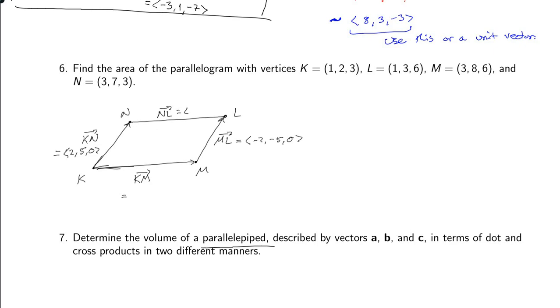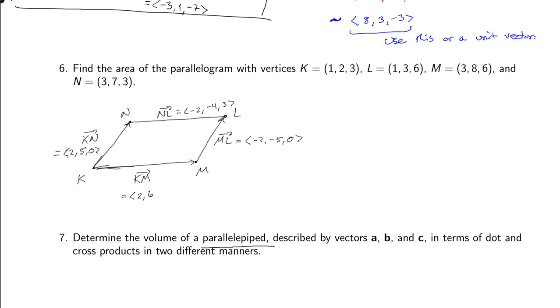Let's keep going though. N to L, 3 to 1 in the x direction is -2, and then 7 to 3 in the y direction is -4. And 3 to 6 in the z direction is 3. K to M, we get 1 to 3 in the x direction is 2. 2 to 8 in the y direction is 6.